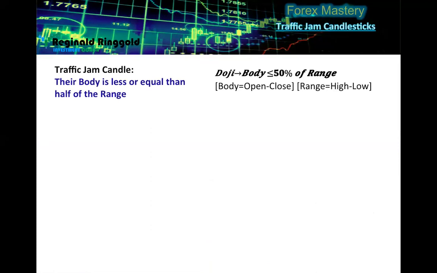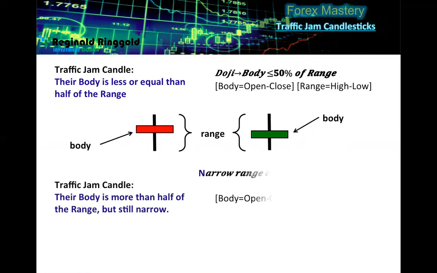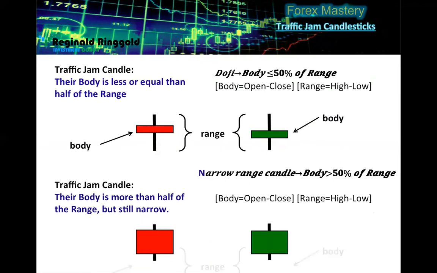So what's the traffic jam candle? Their body is less than or equal to half of their range. It's typically a doji, okay? This is what they look like. You also have your narrow range candles, where their body's more than half their range, but they're still narrow, okay?